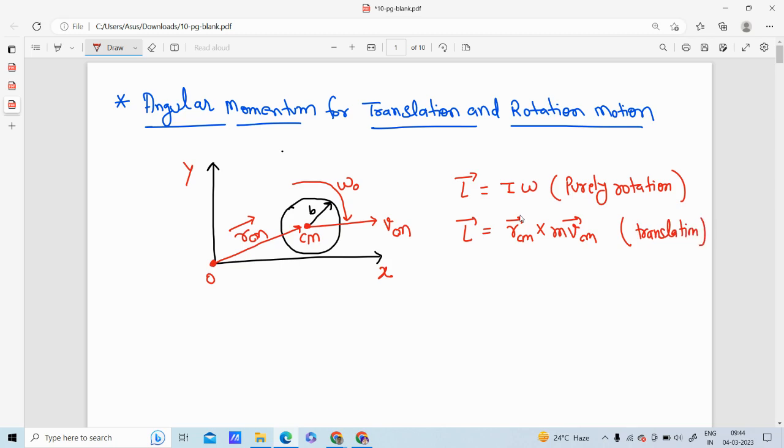So now we can write L vector for total rolling motion.